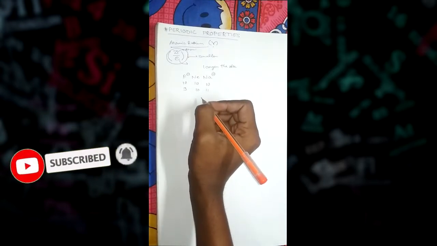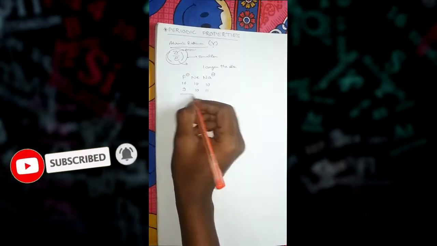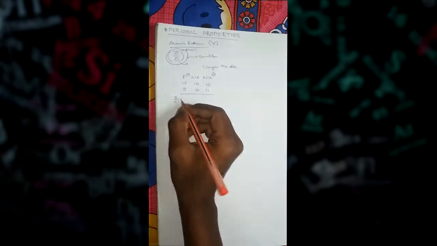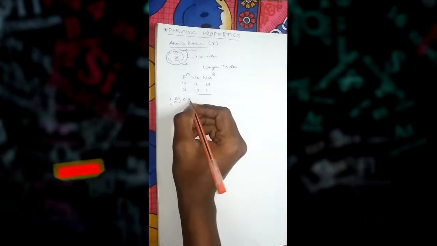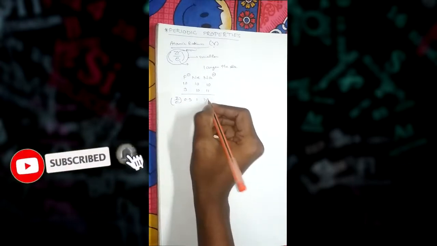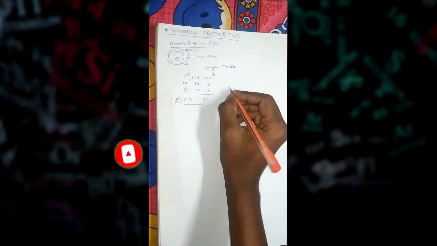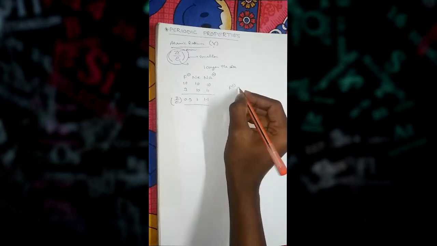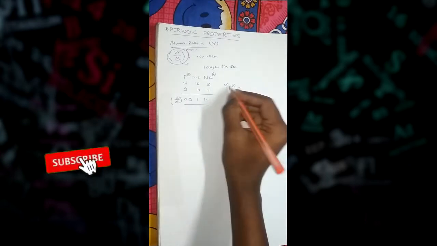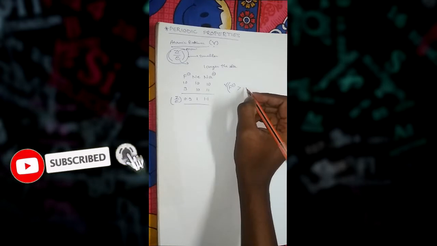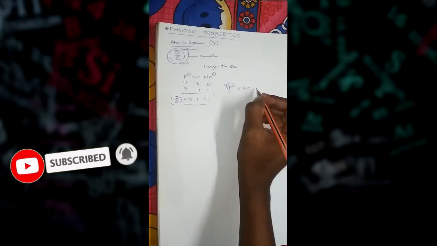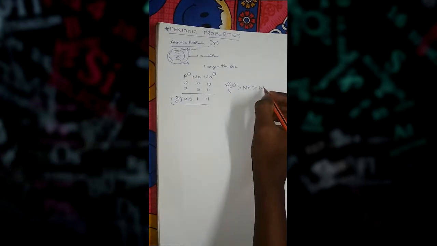Now if we calculate the Z by E ratio, we will get 0.9, 1 and 1.1. So according to the theory, F minus is larger than neon, and it is also larger than sodium.